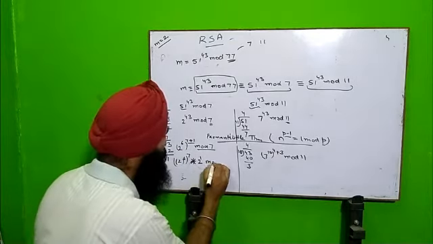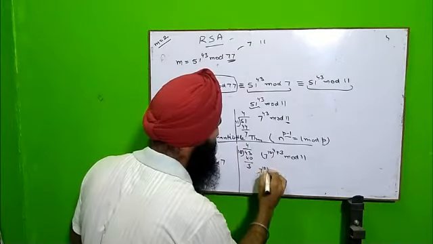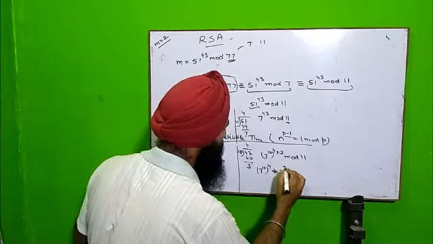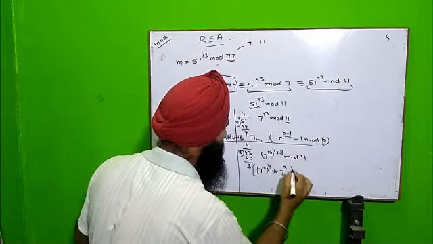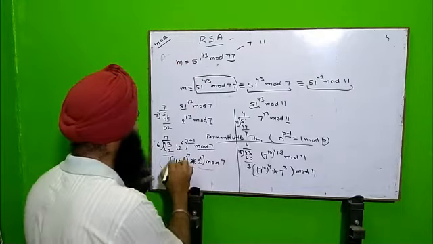Now mod 7. Similarly here 7 raised to the power 10 raised to the power 4 into 7 raised to the power 3, both mod 11, both mod 7.